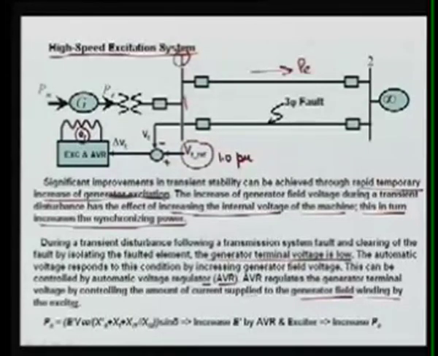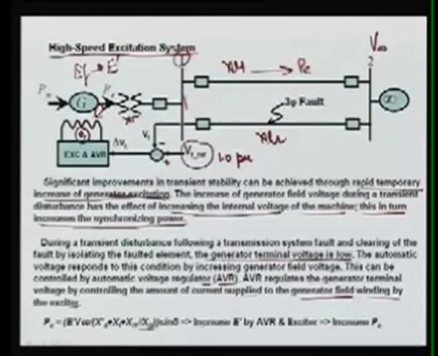You can see this PE is equal to E prime V, here this is your V at infinite bus, divided by the total reactance, which is your XT, plus the parallel of XL1 and XL2, times sin delta.